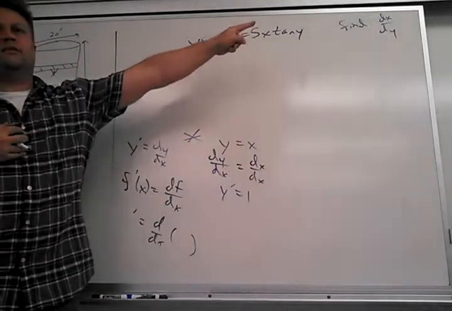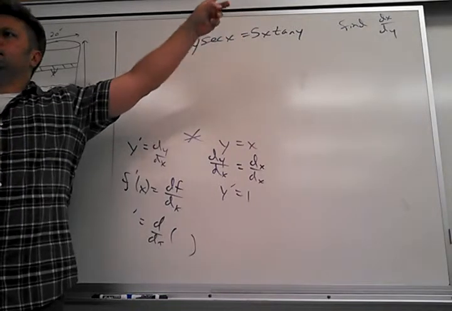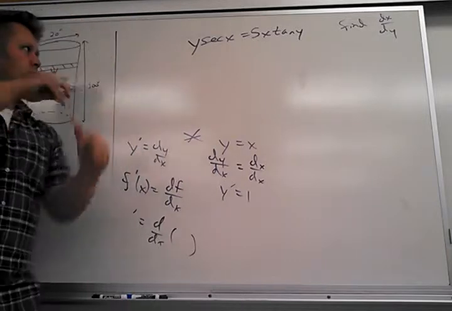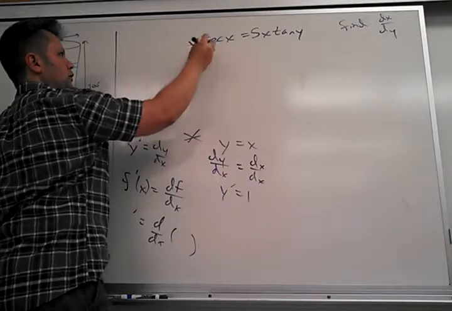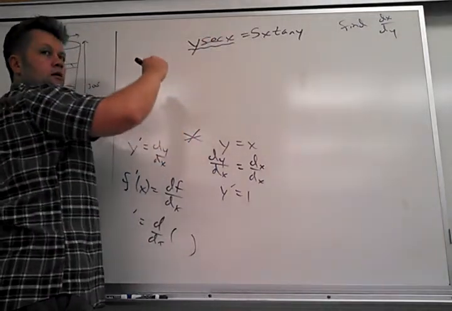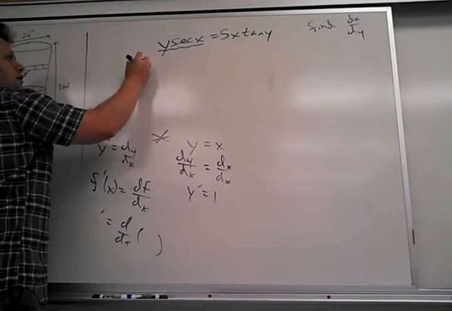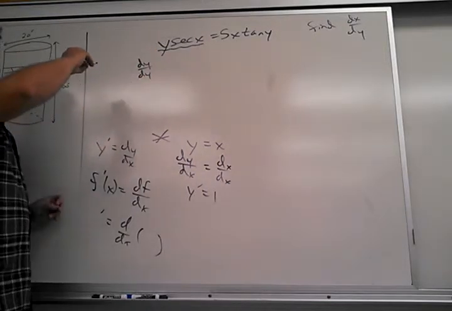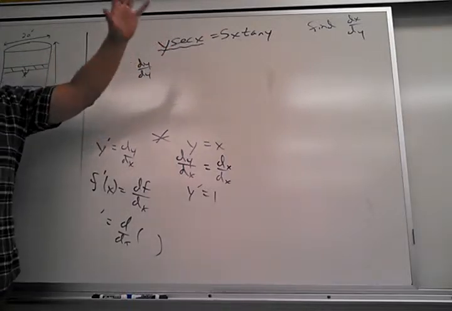But here, what do they ask me to do? Take the derivative with respect to y. Which means everything's turned around now. One way you could do this is, what do I have to use here? Product rule. So you could actually, if you wanted, write dy dy. Is that cool? Especially when you're doing something weird like this, because of your primes.